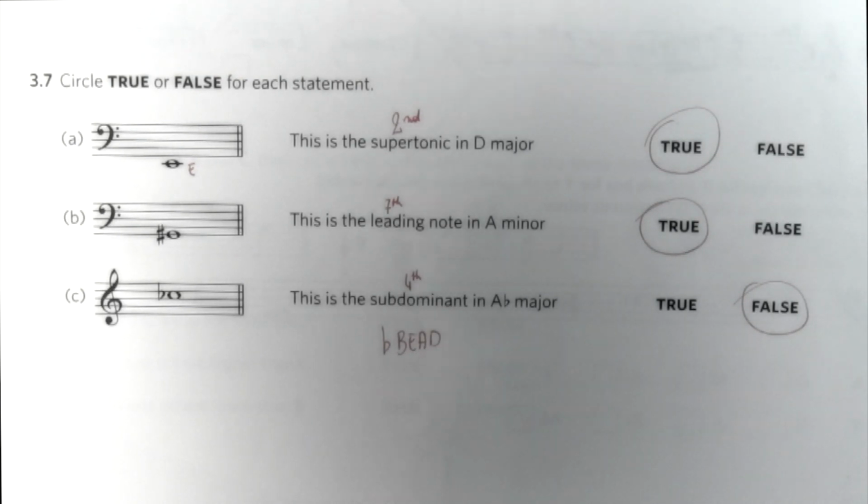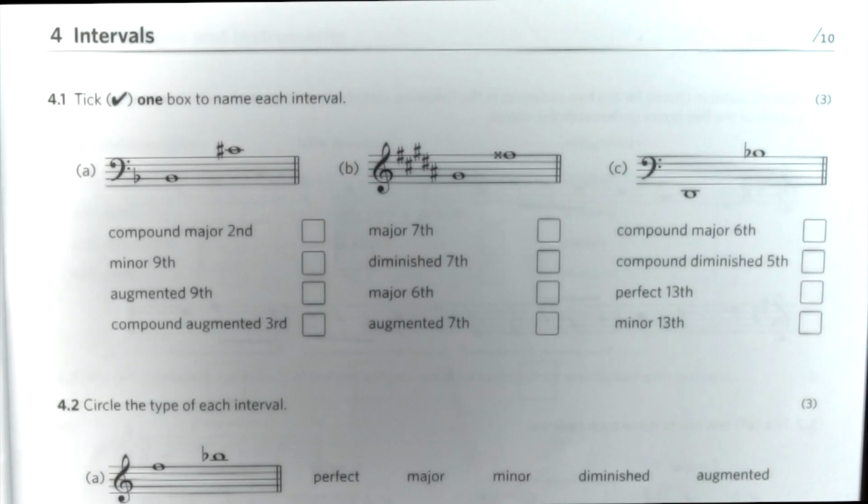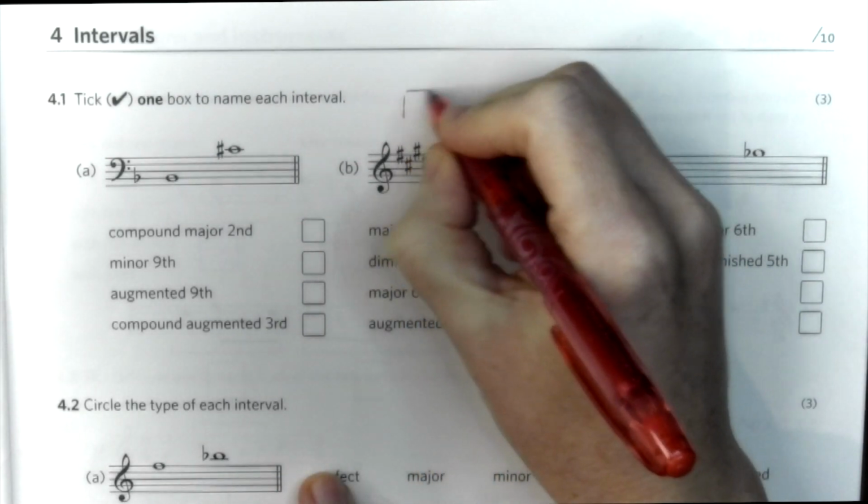Let's move on to the 4th section relating to intervals. In this first question, we need to identify the interval and then tick the box to show the answer. Okay, first of all, keyboard.